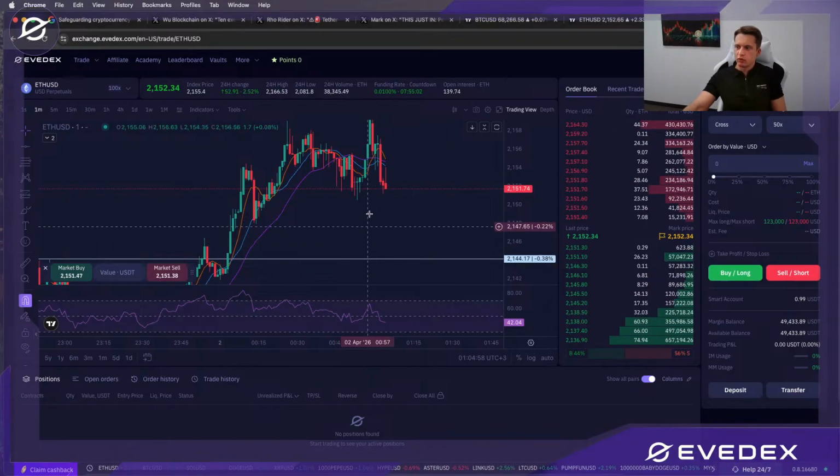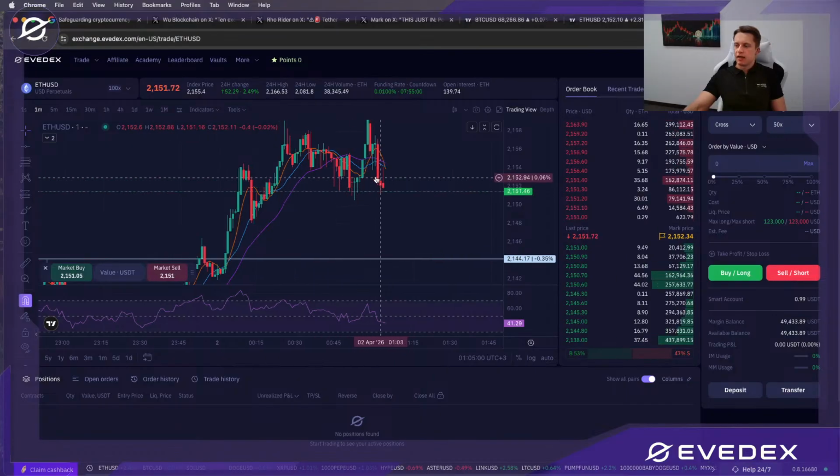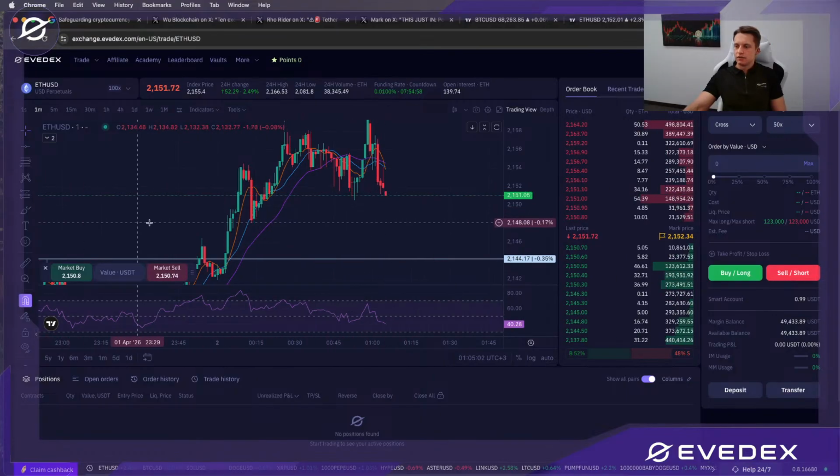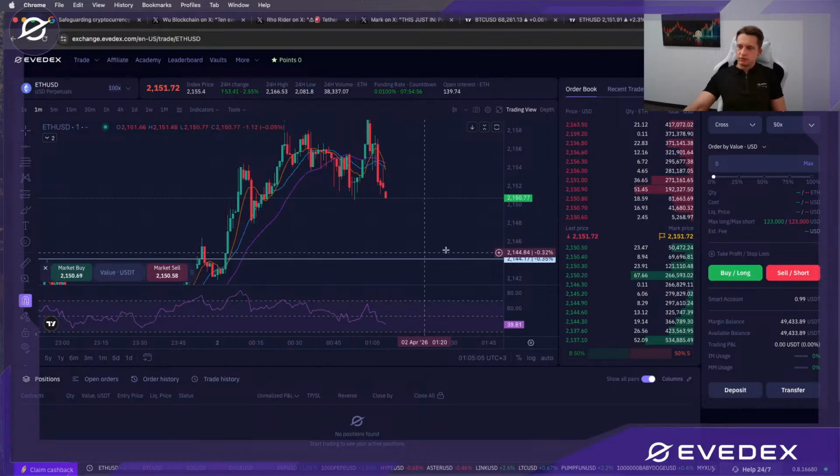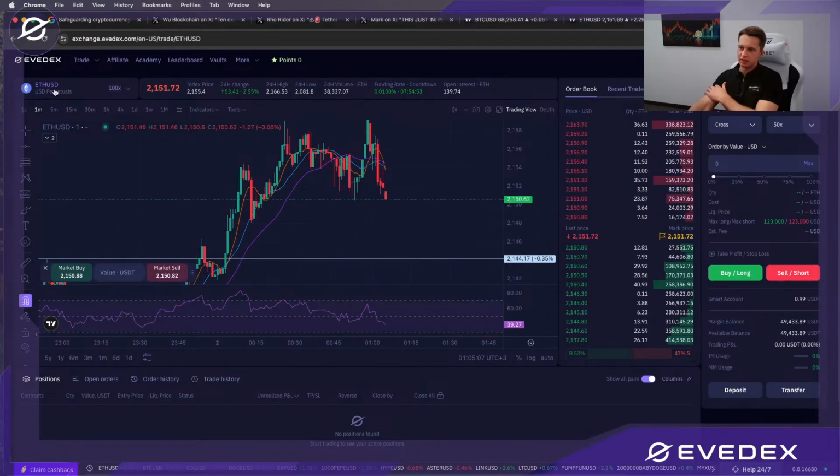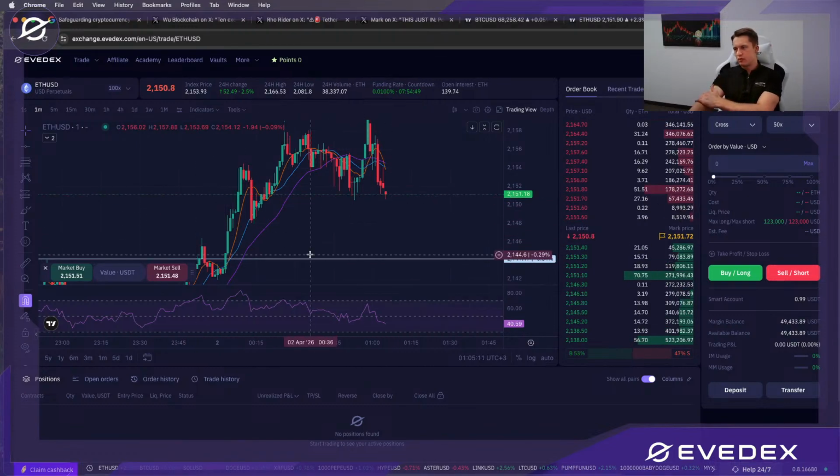Now if we do get past this area here, then we can expect a downwards move, maybe even up to this level here of 2,144.